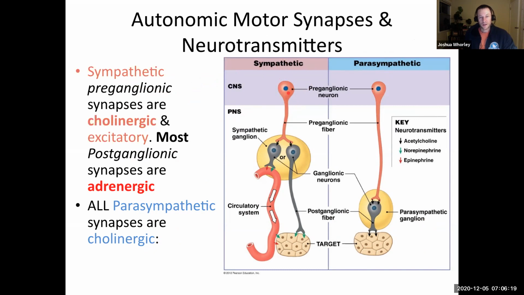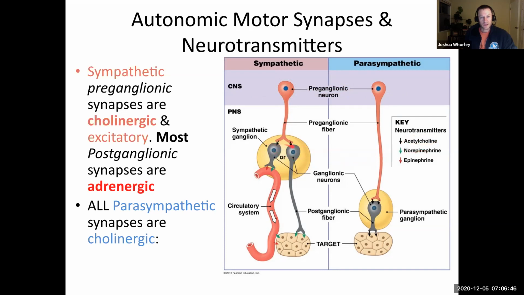You see the preganglionic neurons in the central nervous system. In both cases, for sympathetic and parasympathetic, right? So these are having their origins in the spinal cord, right? All of these release at their synapses acetylcholine, right?